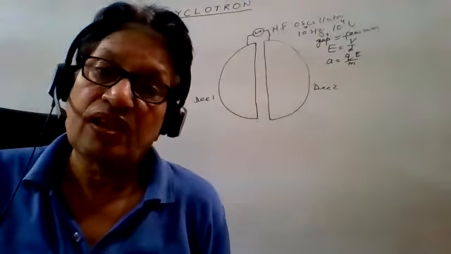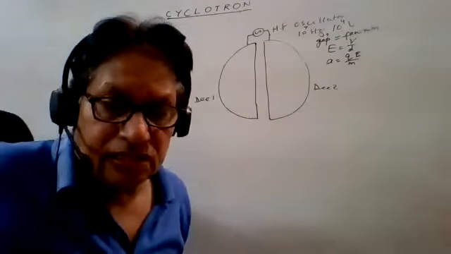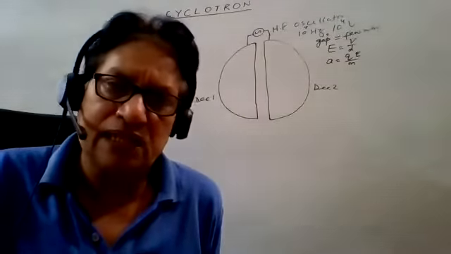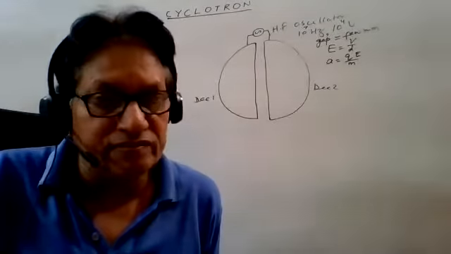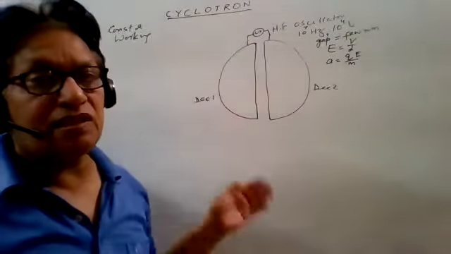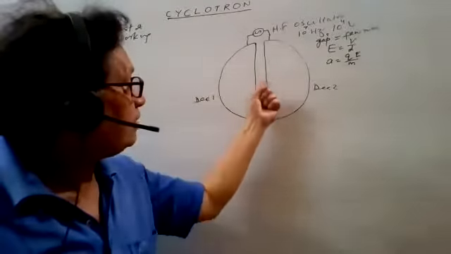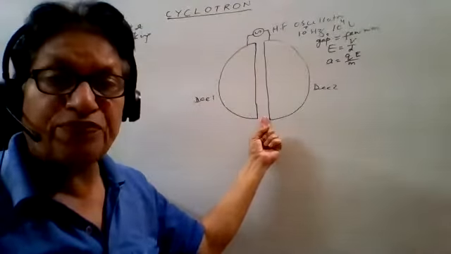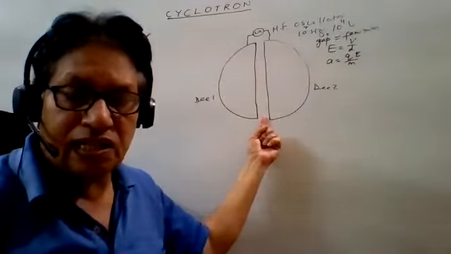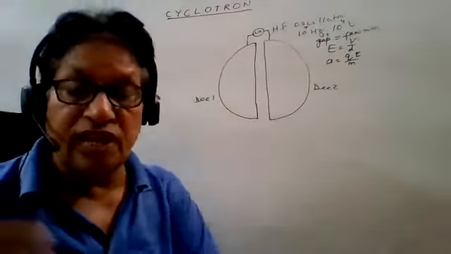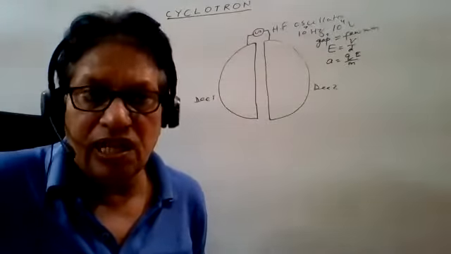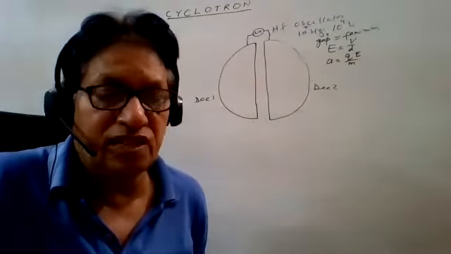Just to break the nucleus is not an easy thing. That is why the charged particle passes through the electrical field in the gap between the two discs again and again, so that every time kinetic energy increases and the final kinetic energy is very, very high.